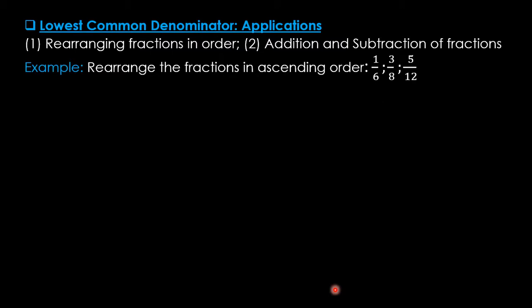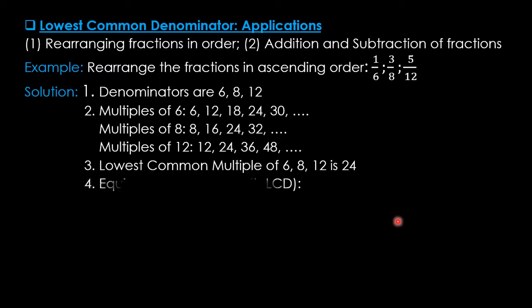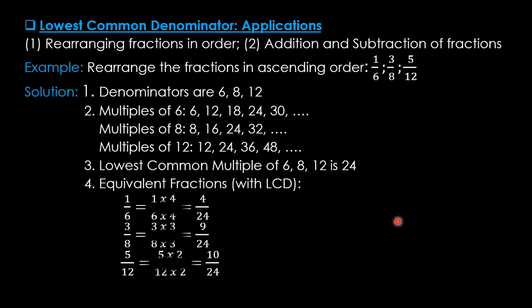Rearrange the fractions in ascending order: 1/6, 3/8, 5/12. We follow the same steps. In our solution, the denominators are 6, 8 and 12. Then we find the multiples of those denominators so that we can get the lowest common multiple, which is 24. Then we get the equivalent fractions the same way we discussed on the previous page.